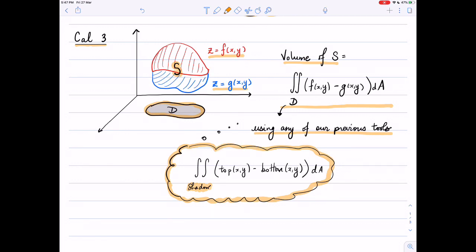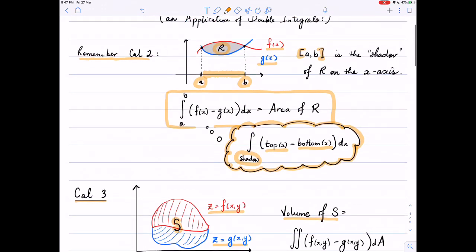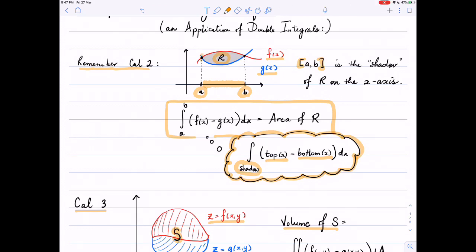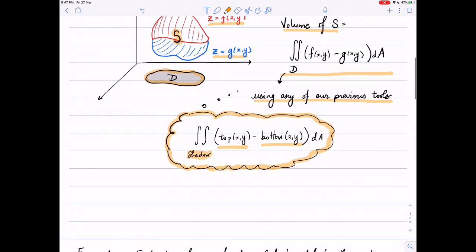It's the double integral over this shadow region D of the top function, now a function of two variables, minus the bottom function dA. And so how do we find this region D, this shadow region? Well, up here what we did was we found the intersection points. And it's going to turn out to be exactly that same sort of thing that we need to do to find D. We're going to have to find intersections of these two surfaces.